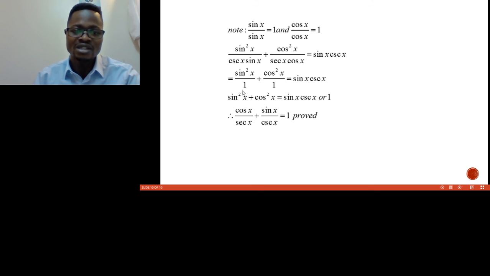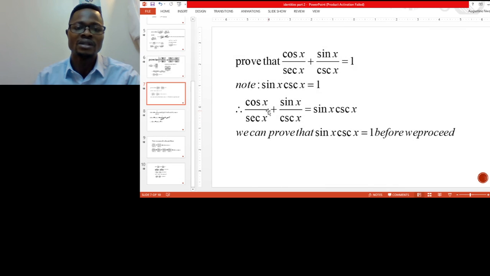But since sin is squared and cos is squared, all of them will give us 1. So we will simply have cos x divided by sec x plus sin x divided by cosecant x equal to 1. And this has proven that cos x divided by sec x plus sin x divided by cosecant x is equal to 1.